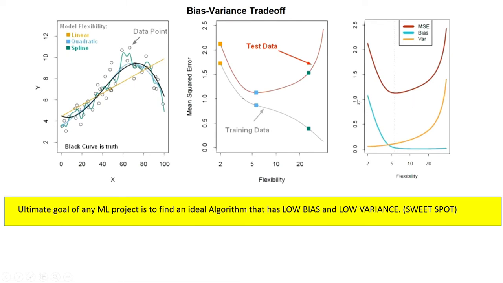We also don't want this situation where the bias is very high, like in the case of the linear fit here, and the variance is low. This is also not a desirable position for us. We want this position where there is low variance and low bias.